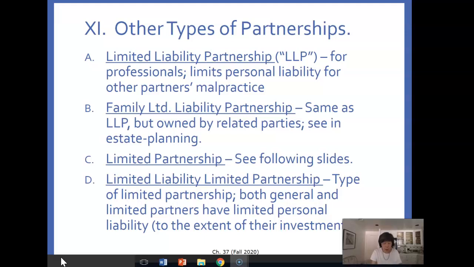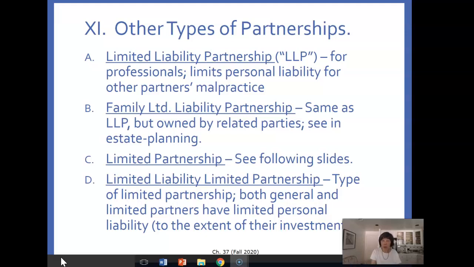All right, so let's just start. We have the limited liability partnership, or an LLP for short. This is a partnership that has been designed under statute for professionals. So you'll see lawyers able to use this type of partnership form, and doctors, another professional group.